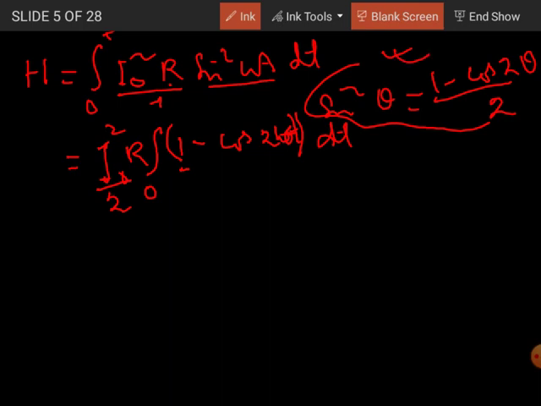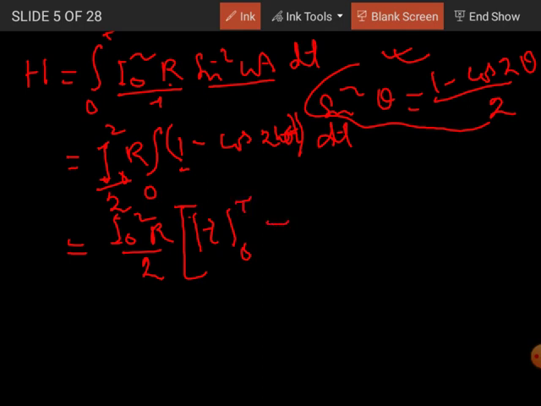Okay, now this will be equal to I naught square R divided by 2. Now let me put it like this. The integration of dt will be t only, and the limits will be from 0 to T, minus the integral of cosine of twice omega t. We know that the integration of cosine of omega t is sine omega t.